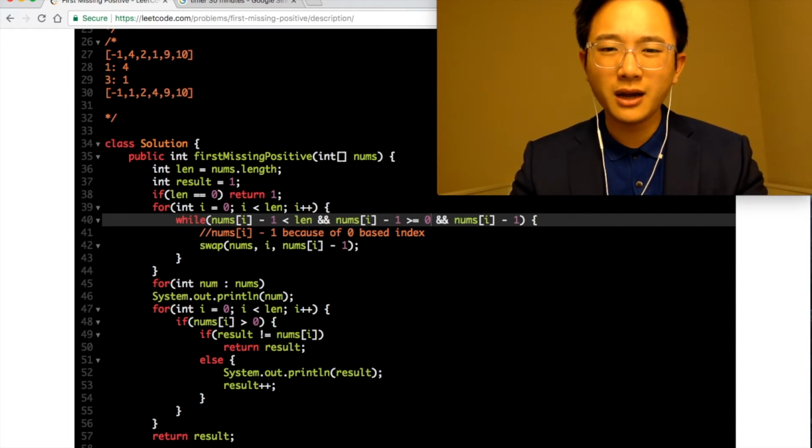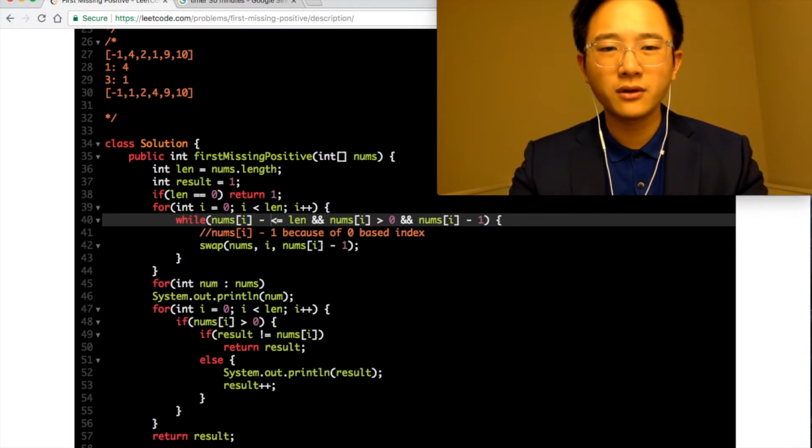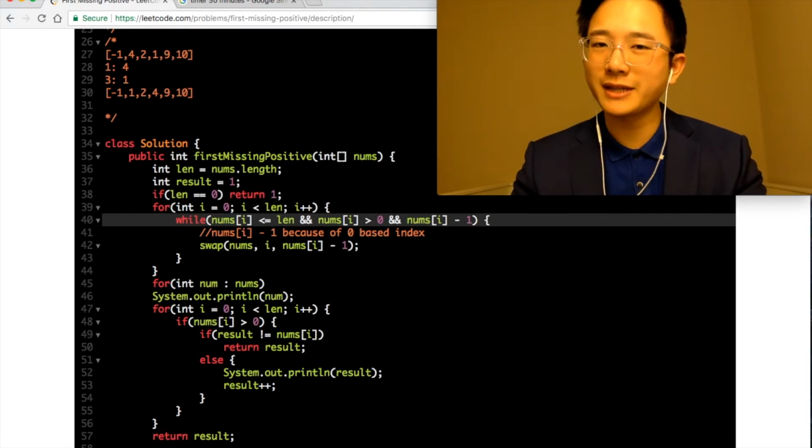I feel like I'm doing a lot of minus one here. How about this? It's larger than 1 and is less than or equal to 10. That makes more sense.